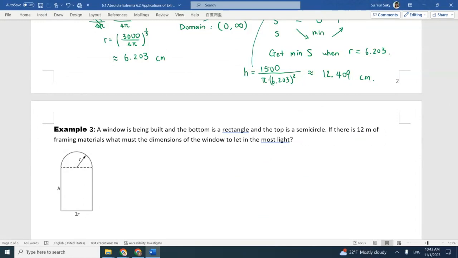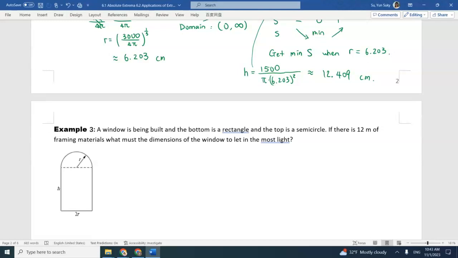A window is being built and the bottom is a rectangle and the top is a semicircle. If there are 12 meters of framing materials, what must be the dimensions of the window to let in the most light? Okay, everybody? So, what is 12 meters?